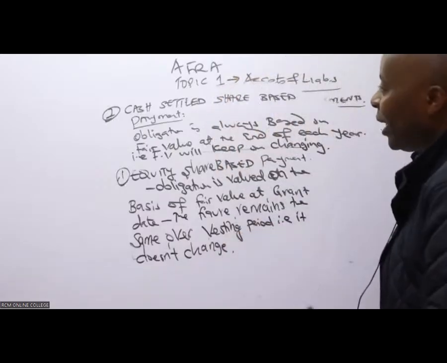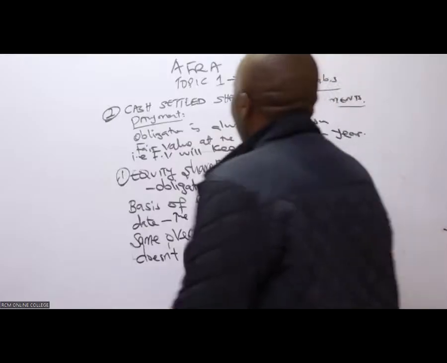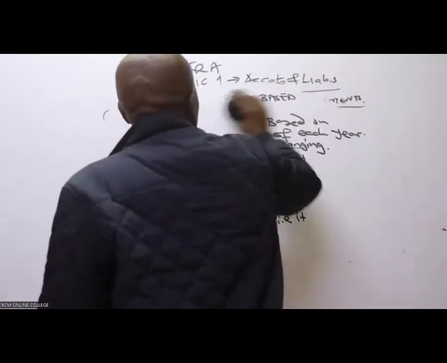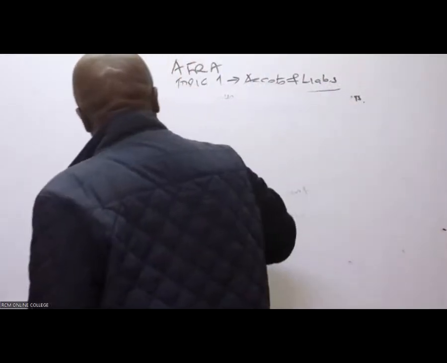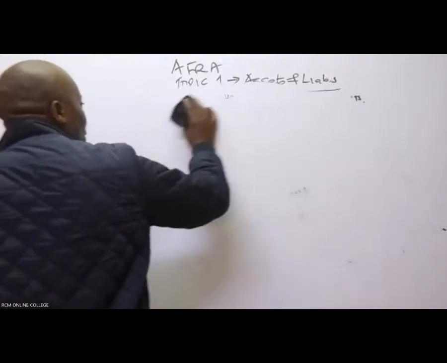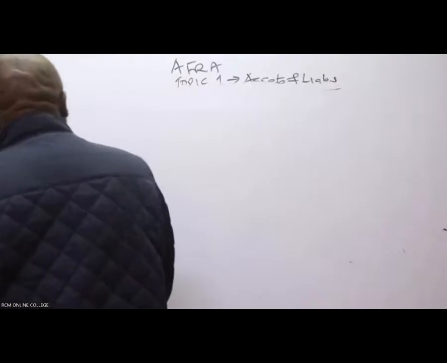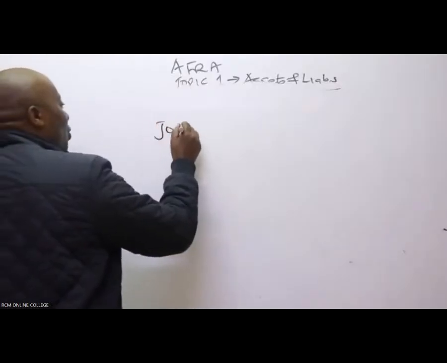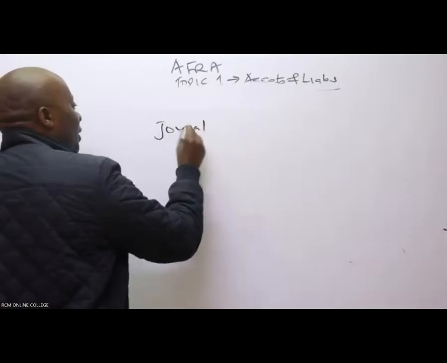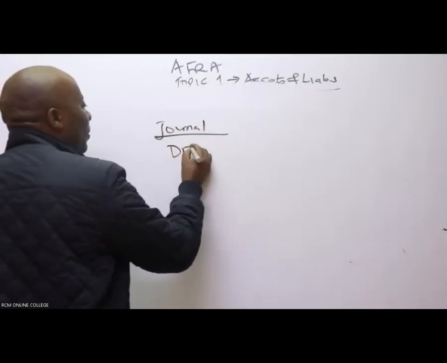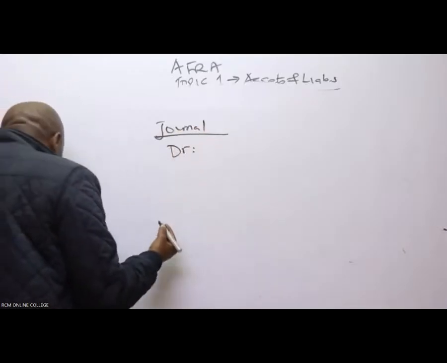Now listen to me very, very well here. What are the journal entries for this obligation? The journal entries that we shall pass here, we shall come under debit, ladies and gentlemen.